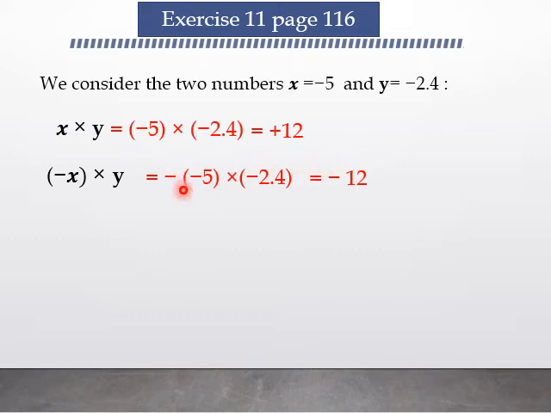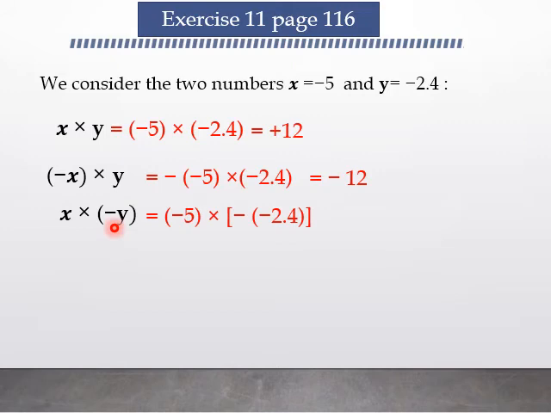If the number of negative signs is odd, the result will be negative. If the number of signs is even, here I have two negative signs, then the answer is positive. Here I have three negative signs, an odd number, so the result should be negative. And 5 times 2.4 is 12.